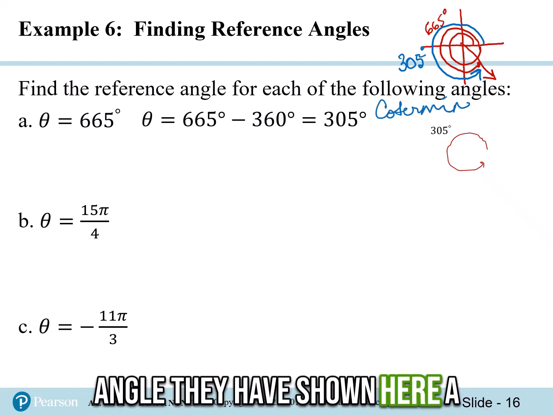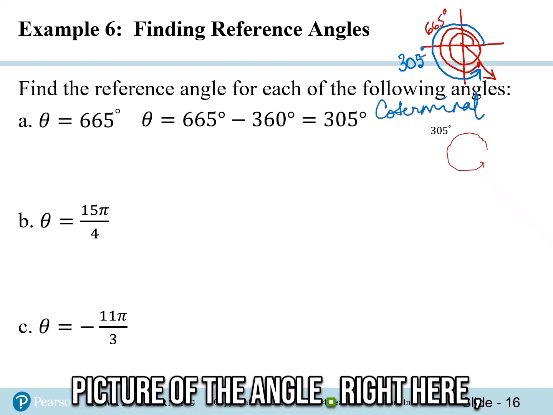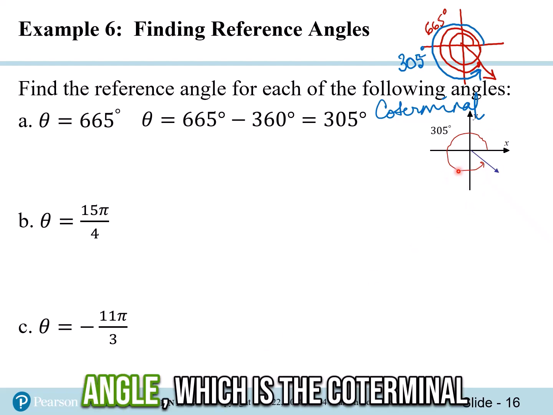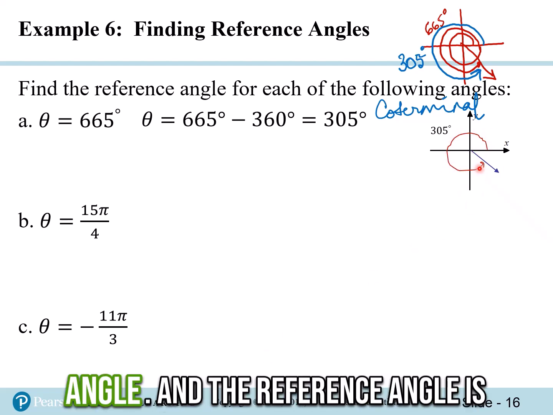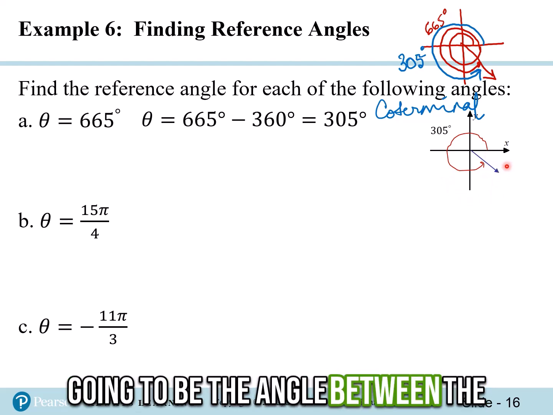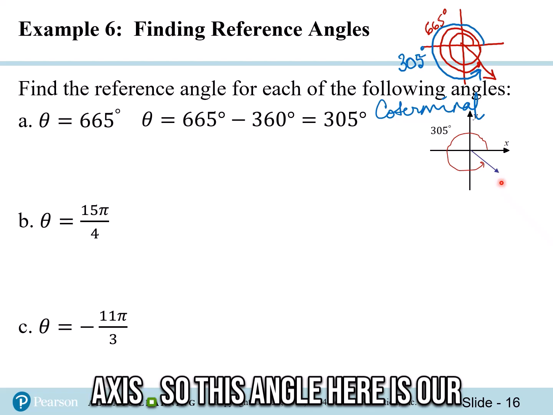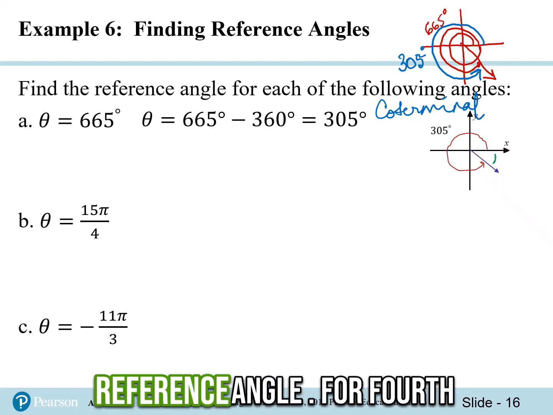They have shown here a picture of the angle. Right here, they have a 305 degree angle, which is the coterminal angle, and the reference angle is going to be the angle between the terminal side and the positive x-axis. So this angle here is our reference angle.